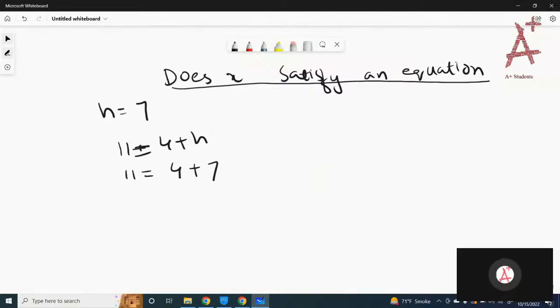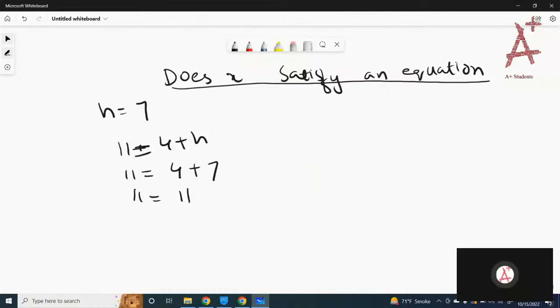So 7 plus 4 is 11. That means yes, both sides of the equation are now equal. That means the value of h satisfies the equation. Got it?